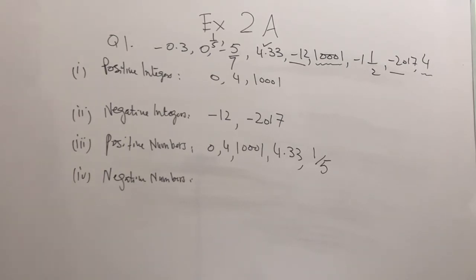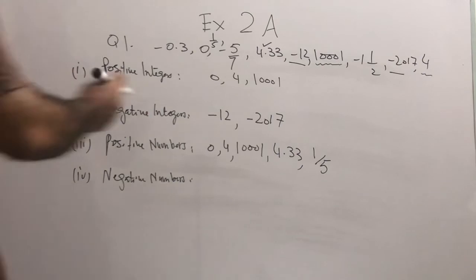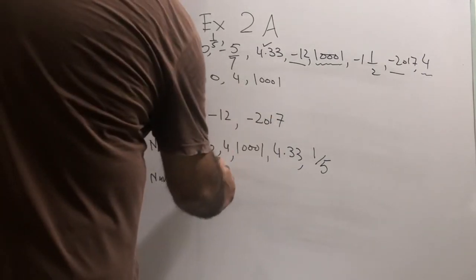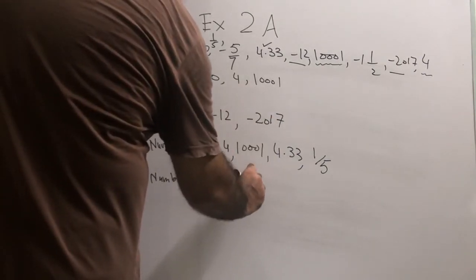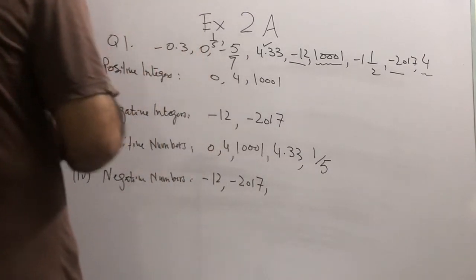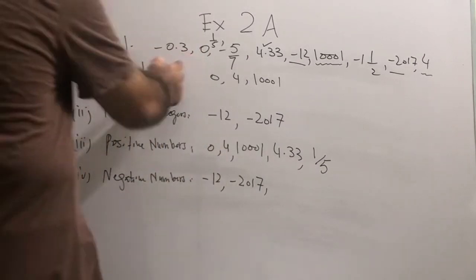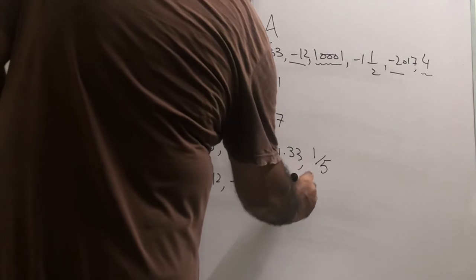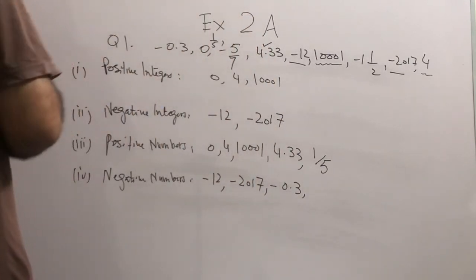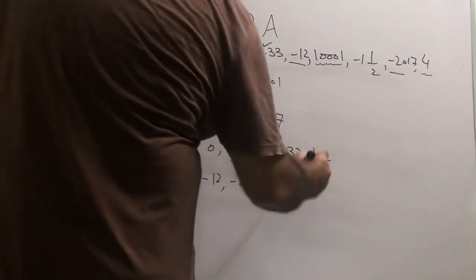Now talking about the negative numbers, they also contain negative integers. So first of all, write these two. These are also negative numbers. Then we see minus 0.3. This is a negative number. Then we see minus 5 over 7.